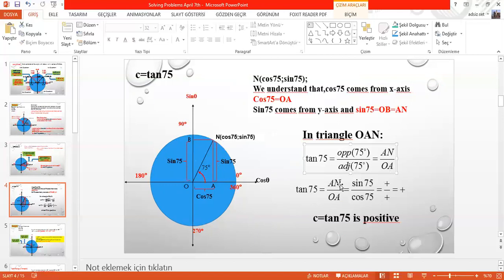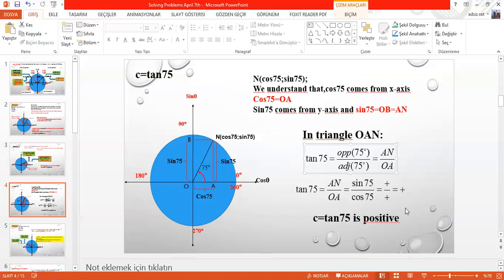We said AN is equal to sine of 75, and OA is equal to cosine of 75. So tangent of 75 will be sine 75 over cosine 75, and sine 75 is positive, cosine 75 is positive, and positive over positive is positive.